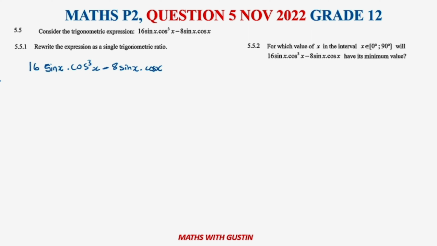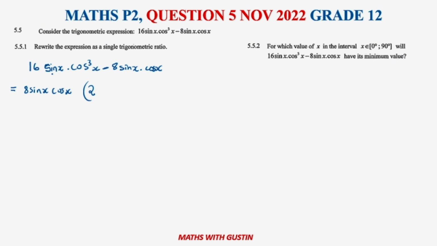We can take out a common factor, because I see there's an 8 there and a 16 there. 16 and 8 are the same. Sine and a sine, sine and a cos, sine and a cos there. So let's take out a common factor of 8 sine x cos x. Therefore we are going to be left with 2.